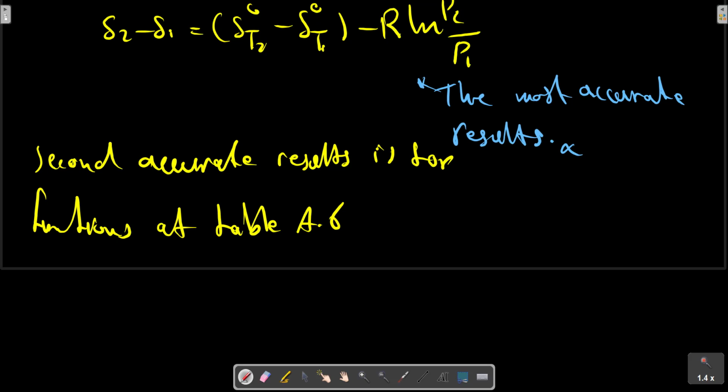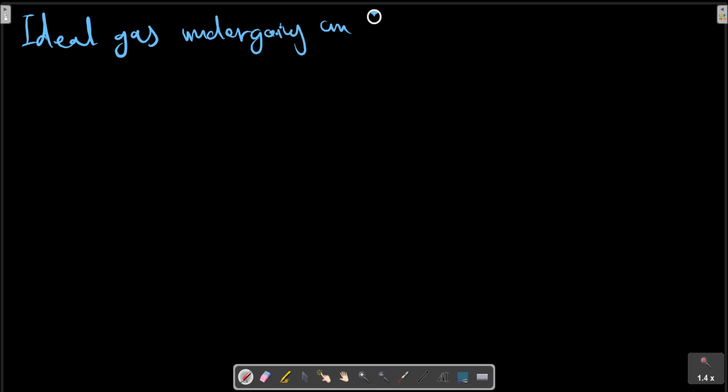Let us now consider the case of an ideal gas undergoing an isentropic process, a situation that is analyzed frequently.